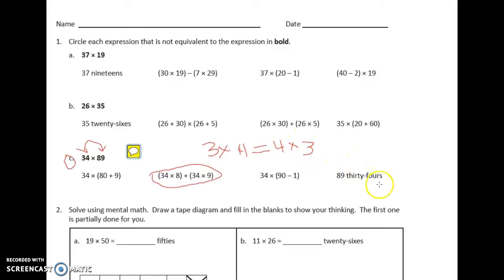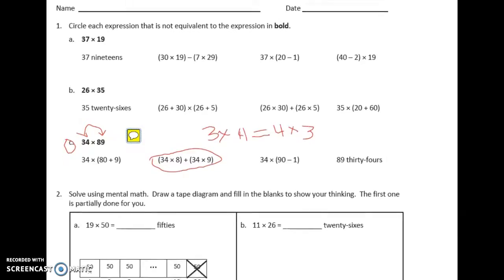And so this is the same. 89 34s, 34 89s, it's all the same. So that one we're not going to circle because it also is equivalent.